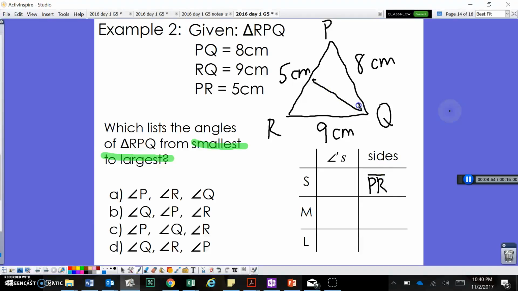Draw our arrow, so that leaves me with angle Q. My medium side is PQ, and across from that is angle R. Our largest one is RQ, so that means our largest angle will be angle P. We need it from smallest to largest by the angles: angle Q, R, and P. So Q, R, P is answer choice D.